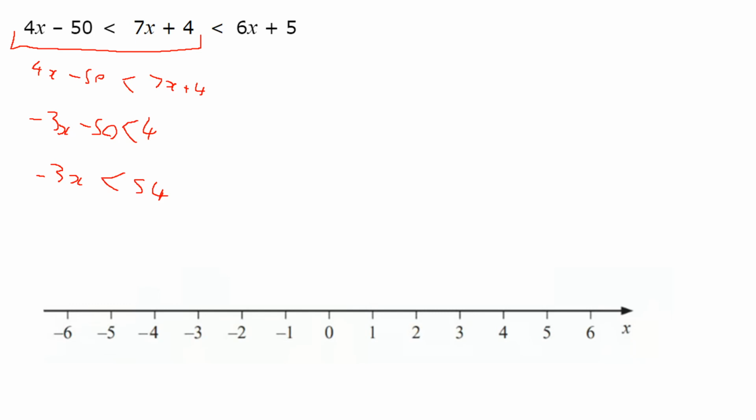And then we're going to divide both sides by minus 3. So x is greater than 54 divided by 3 is the same as what? x is greater than minus 18.